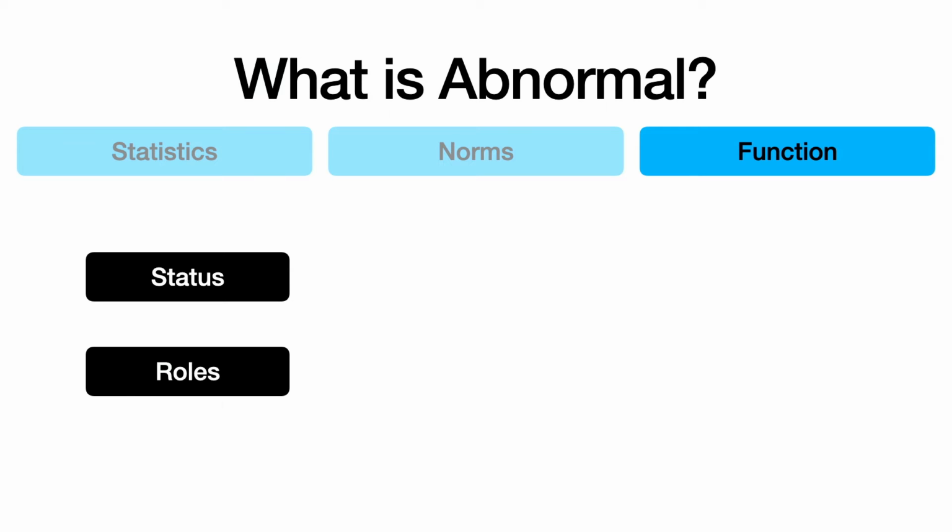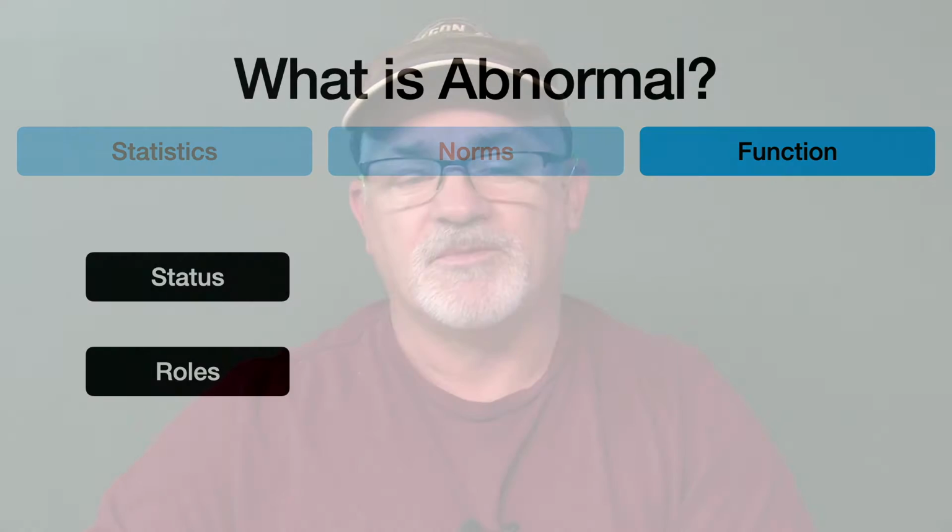status and roles. Now, in all of us within each one of the groups in our society that we are in occupy a number of statuses. I, for example, can say I'm a husband, I'm a father, I'm a brother, I'm a teacher, I'm a citizen, I'm a member of a board of directors, I am a member of a band.